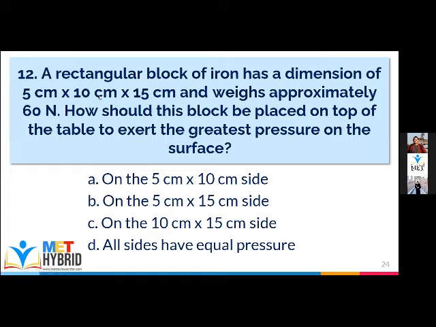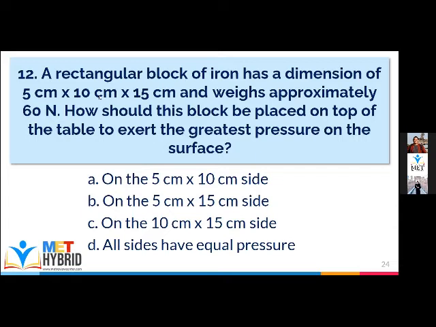How should this block be placed on top of the table to exert the greatest pressure on the surface? A, on the 5 cm times 10 cm side, B, on the 5 cm times 15 cm side, C, on the 10 cm times 15 cm side, D, all sides of equal pressure.